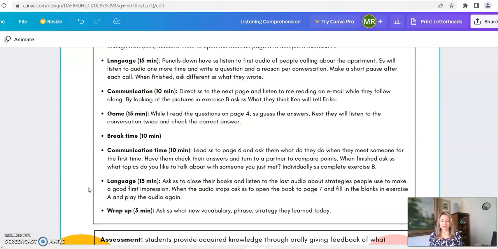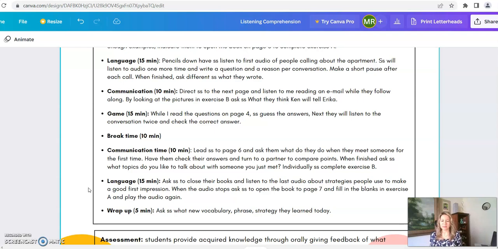Finally, we have the wrap-up time, which is going to take about 5 minutes. And for me, it is always very important at the end of class to ask students what they learned, what was new for them in this lesson.